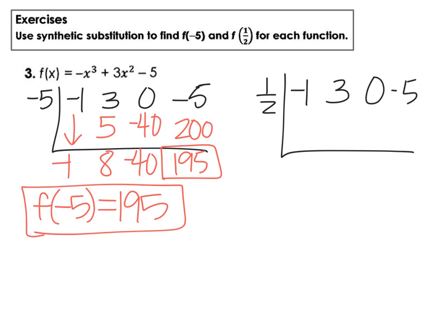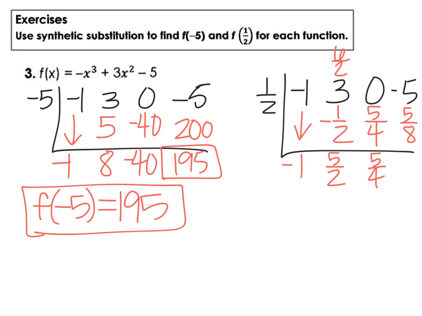Now, over here, we've got 1/2. Bring down the negative 1. Negative 1 times 1/2 gives us negative 1/2. Then we've got 3 minus 1/2. 3 is the same thing as 6 over 2. So 6 minus 1 gives us 5 halves. 5 halves times 1 half gives us 5 fourths. 0 plus 5 fourths gives us 5 fourths. 5 fourths times 1 half gives us 5 eighths.